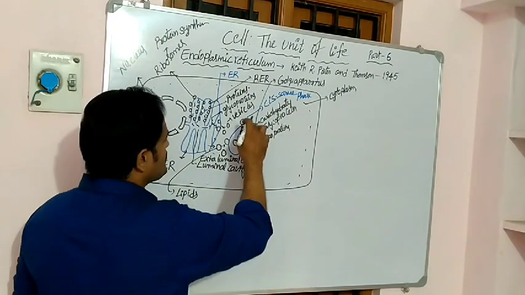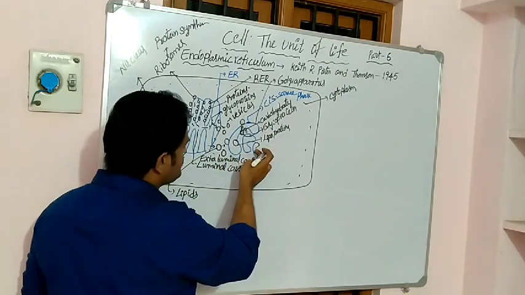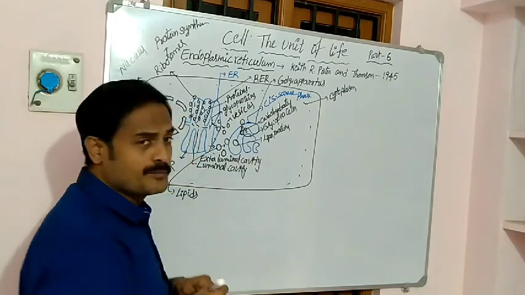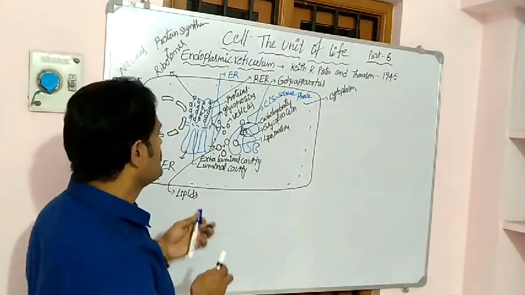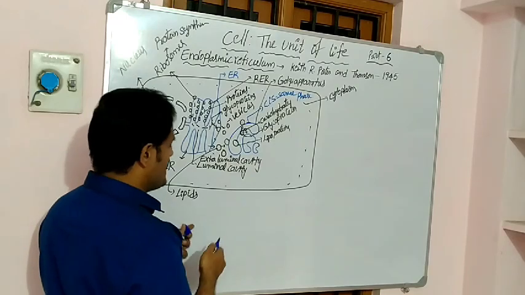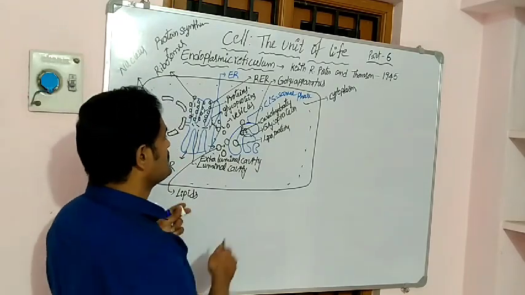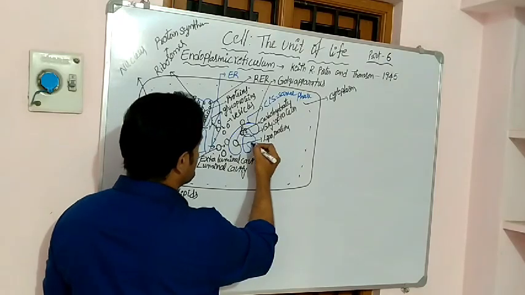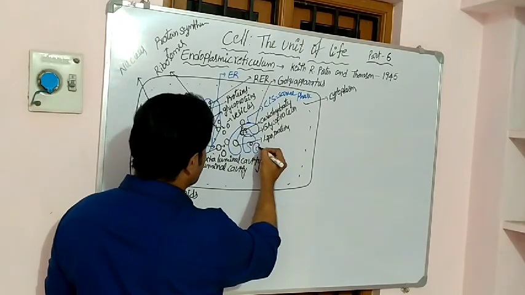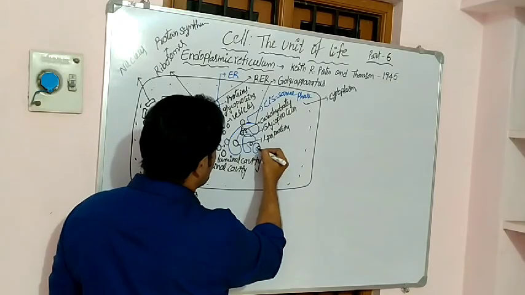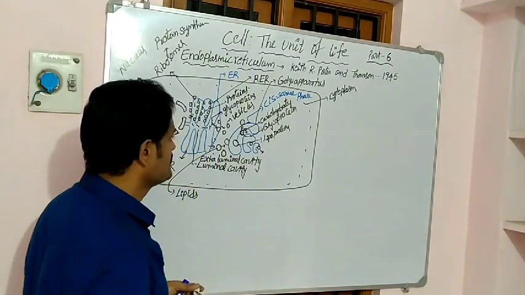Then the opposite portion: from here, the glycoproteins start to be modified, complete their modification, and finally come out from the membrane of the Golgi complex.